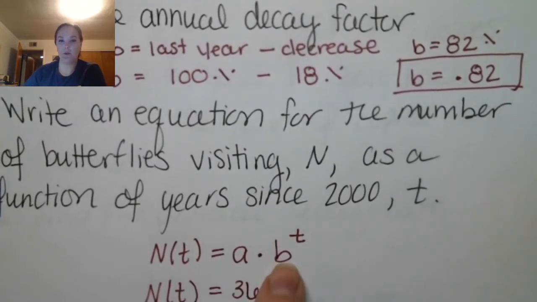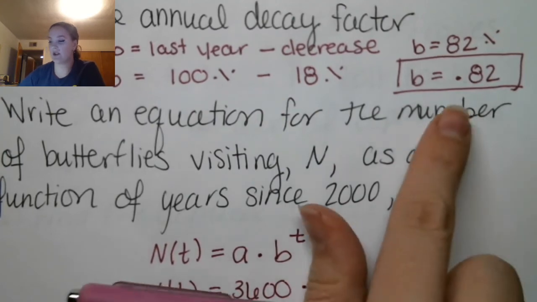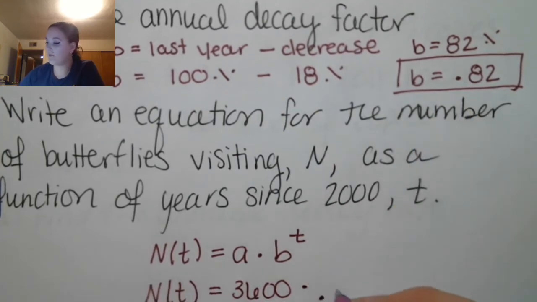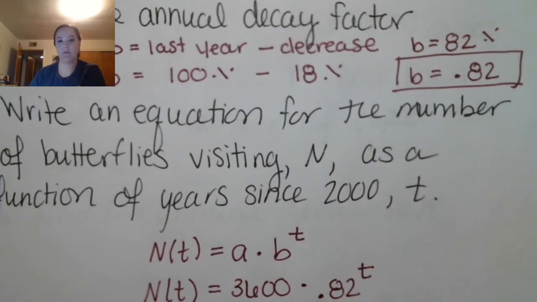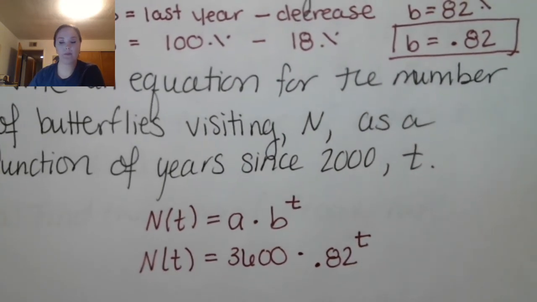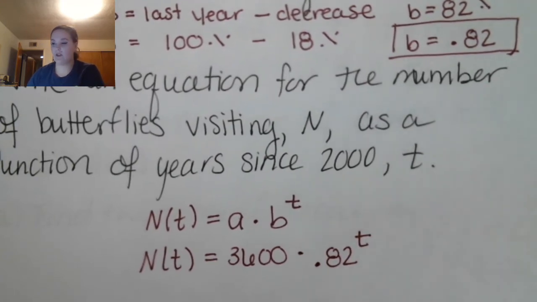And then we're going to fill in our decay factor from part A. So there's our first example of exponential decay.